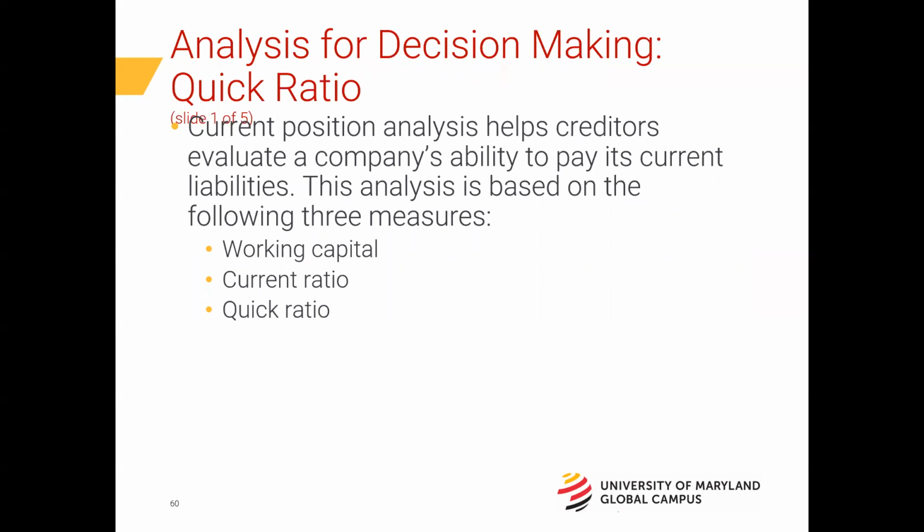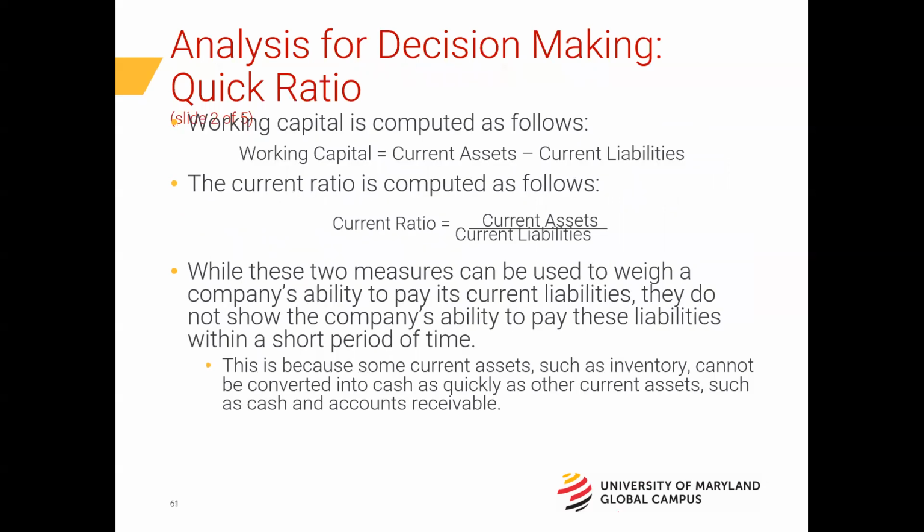Okay, a few ratios that I want you to understand as we are talking about liabilities. There's the working capital ratio, current ratio, and quick ratio. And I'm sure you've probably seen these before, but I'm going to recap them because they're that important. They'll come up again.